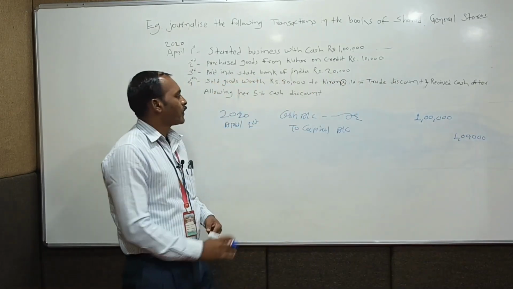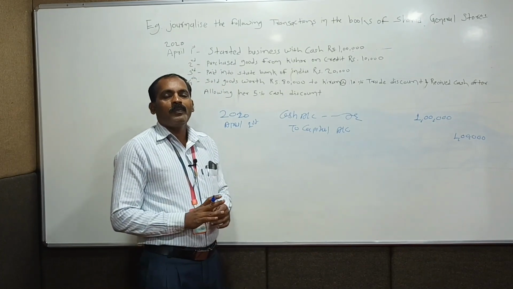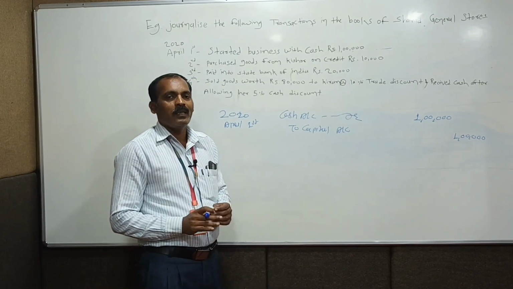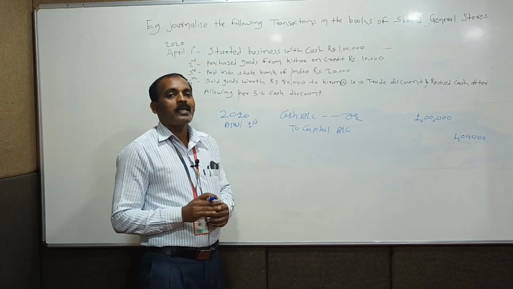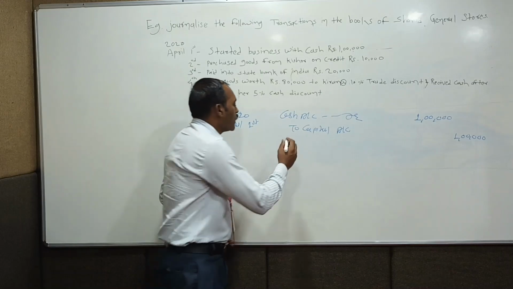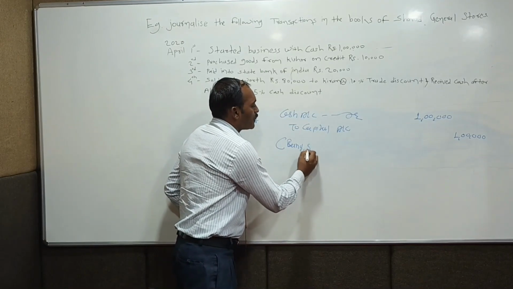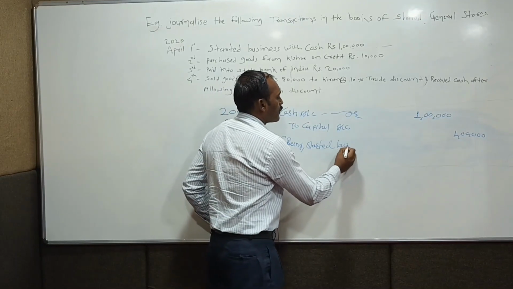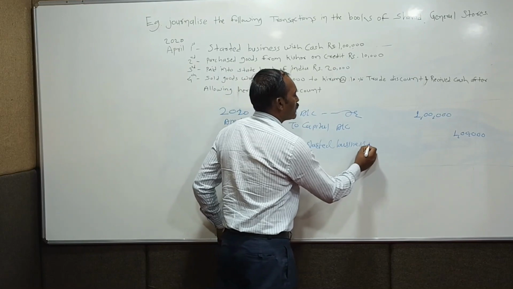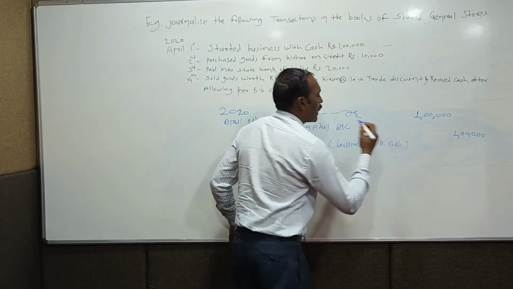Then narration, which means a brief explanation of the transaction, is recorded in brackets compulsorily and starts with the word being. So narration in brackets: being started business with cash, and the bracket is complete.